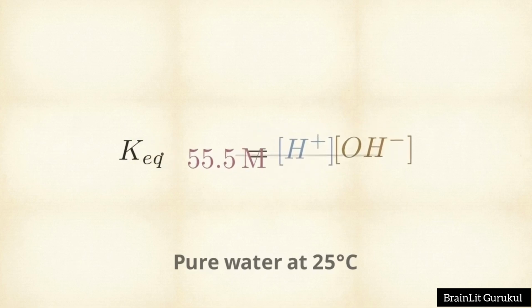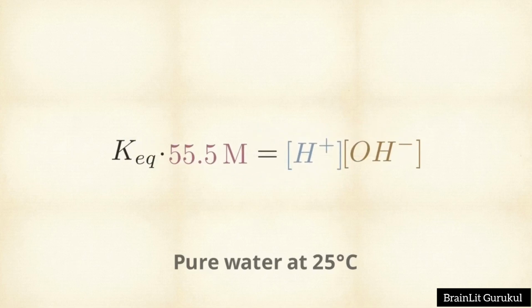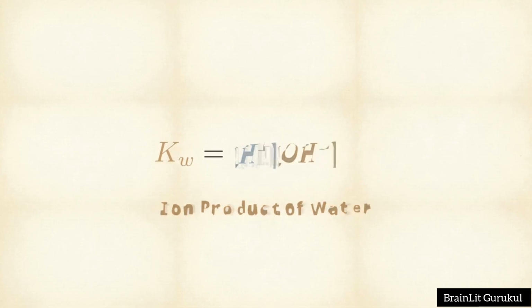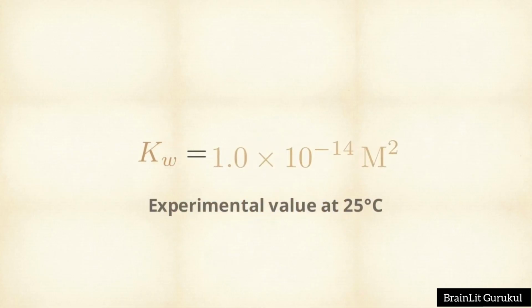Multiplying the equilibrium constant by this 55.5 molar concentration allows us to isolate the ions on one side of the equation. This product is defined as Kw, the ion product of water. The experimentally calculated value for Kw at 25 degrees Celsius is 1.0 times 10 to the negative 14th molar squared.